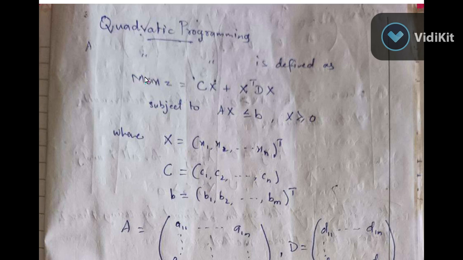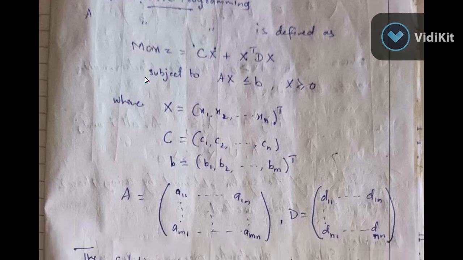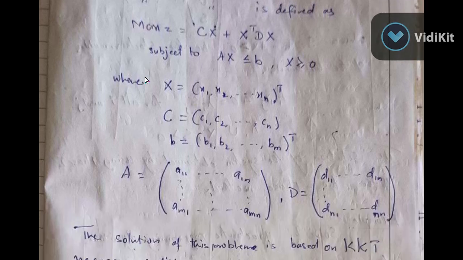From the given objective function, we can observe the coefficients of x are like this: a11, a12 and so on, a1n. Similarly a21, a22 and so on, a2n, and so on, am1 and so on, amn. So m denotes the number of constraints and n denotes the number of variables.